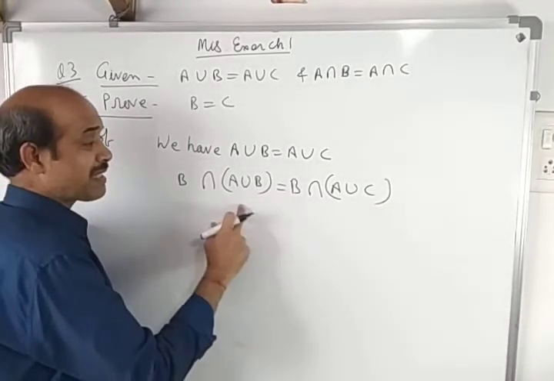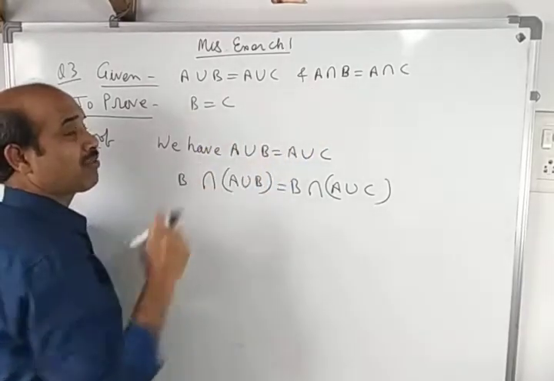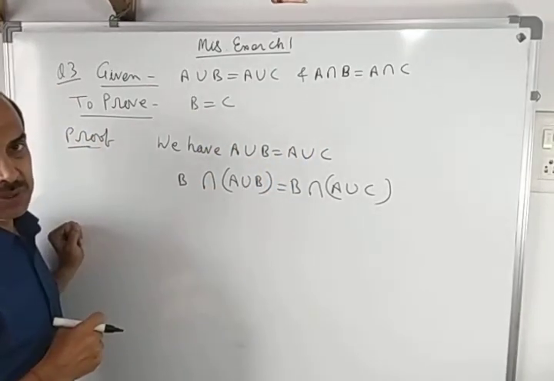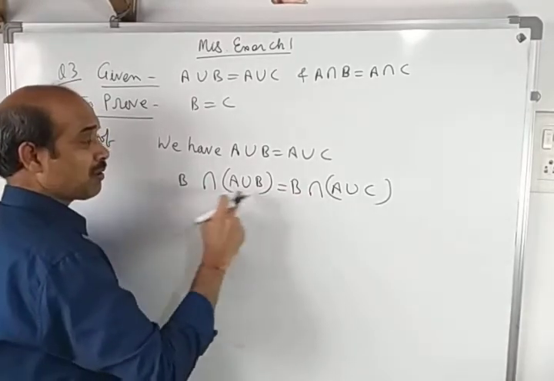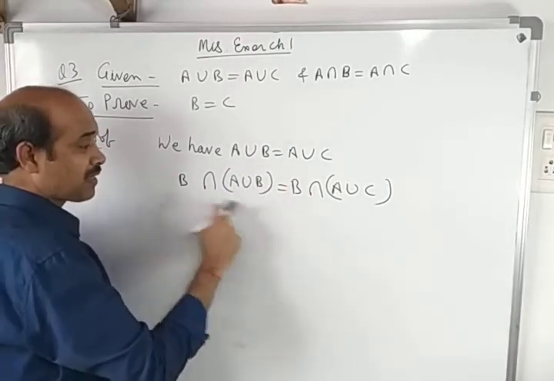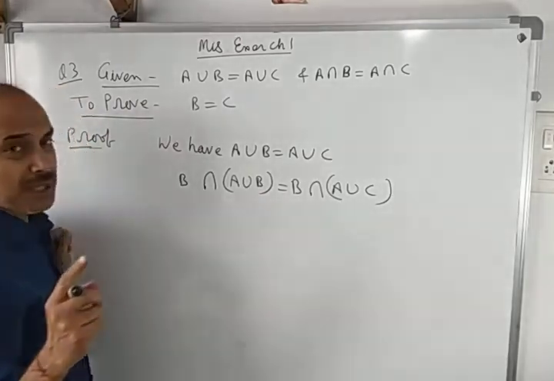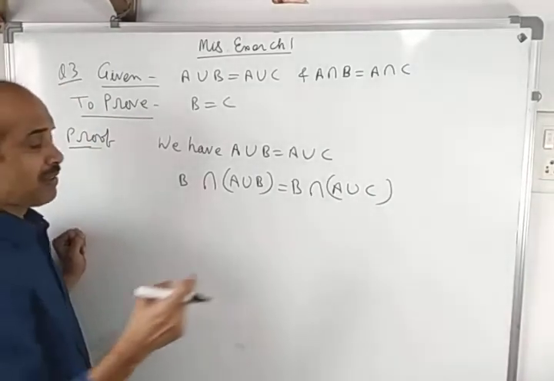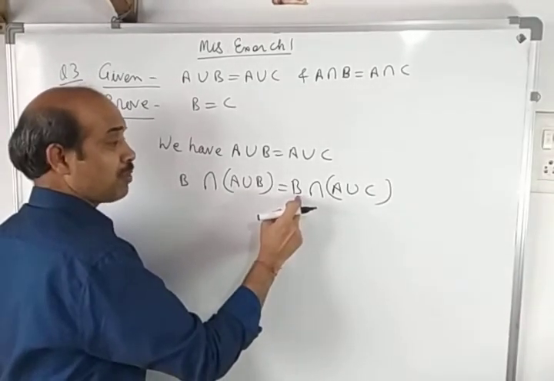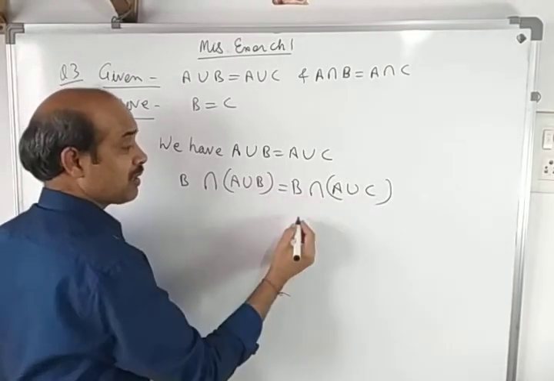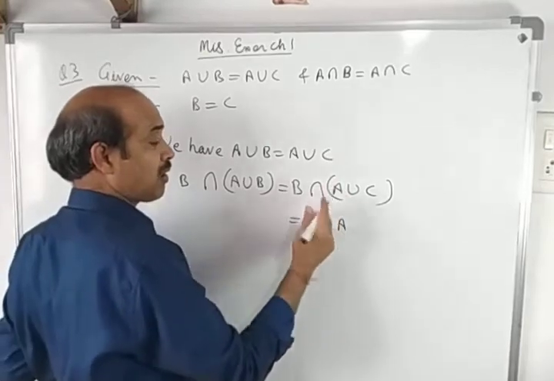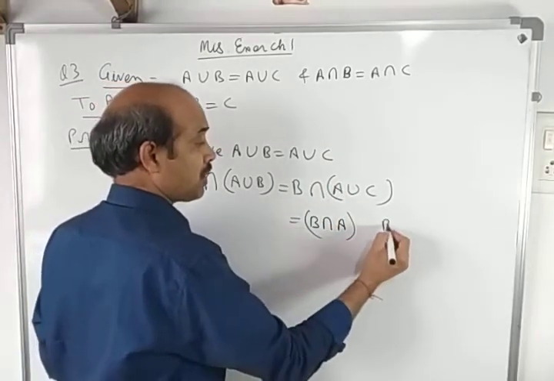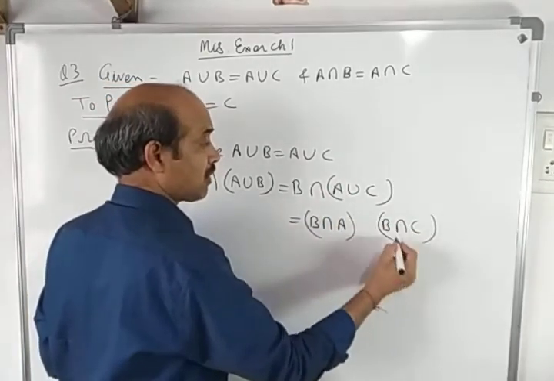Why are we doing this step? Because we have to take help from intersection. So we are taking intersection of B with both the sets. After that we will use the distributive property of sets. Distributive means B intersection (A union C) will become (B intersection A) union (B intersection C).